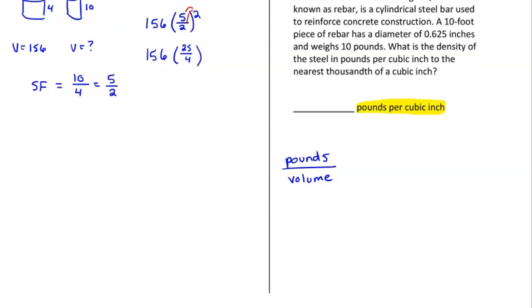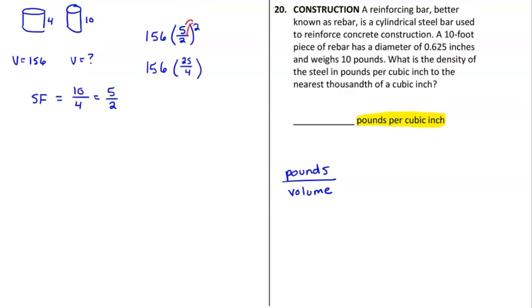And so I'm going to go ahead and draw out a little cylinder, nothing too crazy. And they tell us that the diameter is 0.625, and then it's 10 feet.